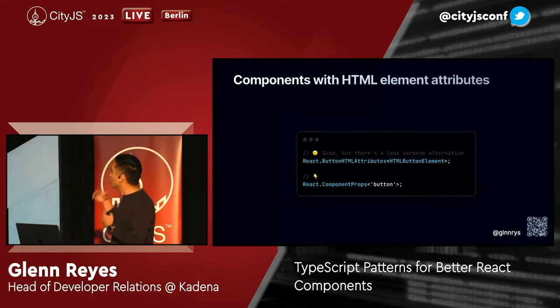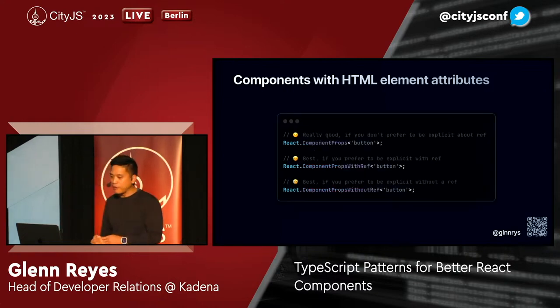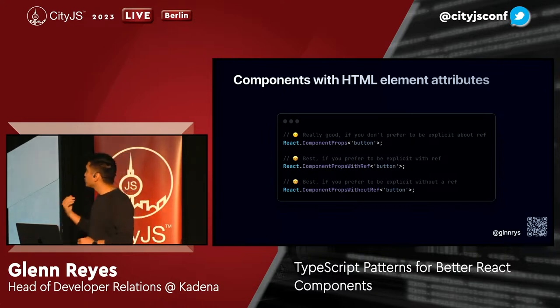But compared to something else, component props, which is identically the same but with fewer characters, is actually the one to use. So the perfect way for enhancing components with HTML attribute types, I would propose that component props is the thing to go if you don't really care about refs, and otherwise just use the one where you explicitly want to have it wrapped with a ref, and then also without.